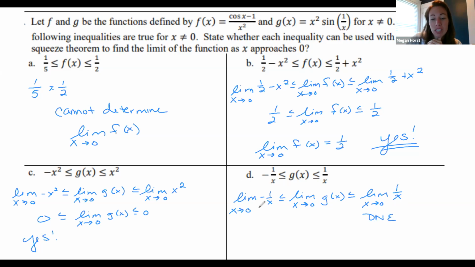And then same over here. As x approaches zero from the right, this one is actually now going to negative infinity because these values down here are getting closer and closer to zero. So we have like 1/8, 1/9, 1/10, 1/100th, 1/1,000,000th. And if I do 1 over 1/1,000,000th, that's going to give me a million.